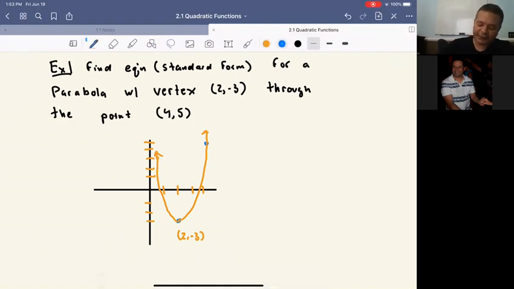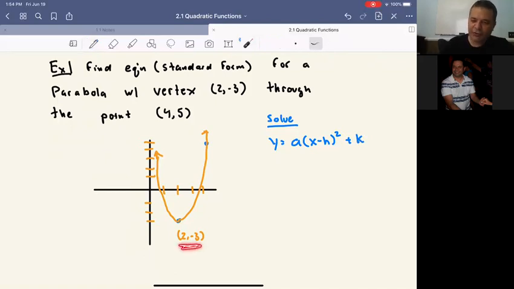Let's solve. We start with y equals a times x minus h squared plus k. Our vertex is 2 comma negative 3, so the 2 goes in for h and the negative 3 goes in for k.